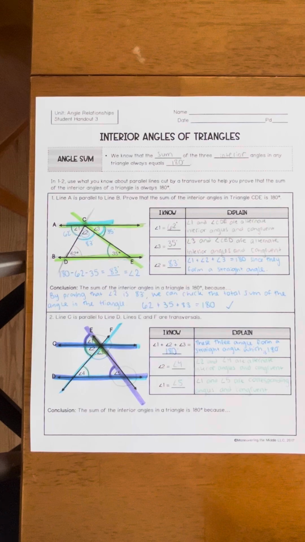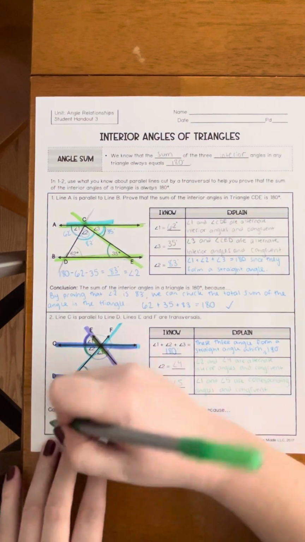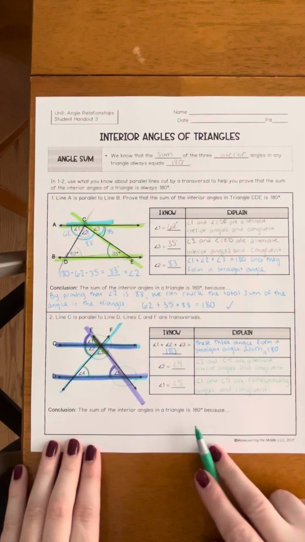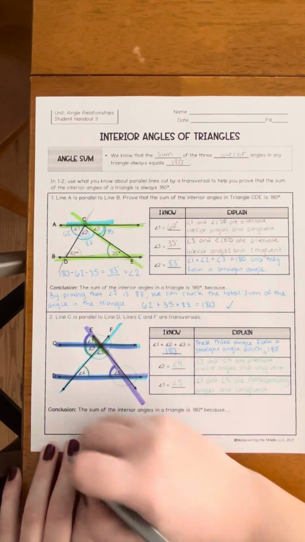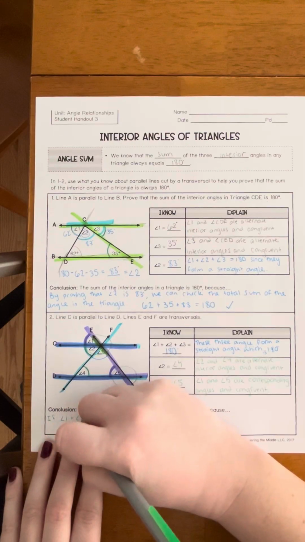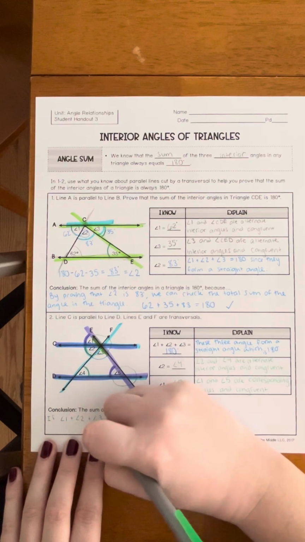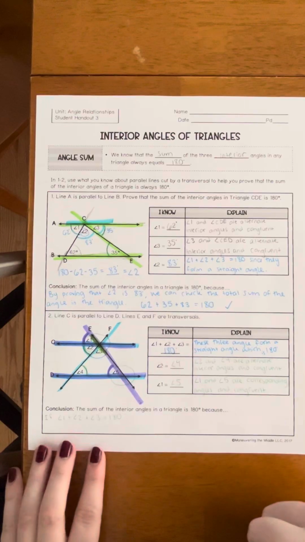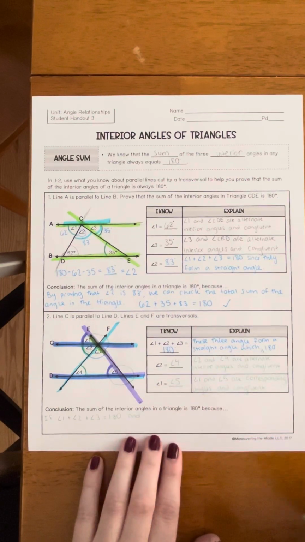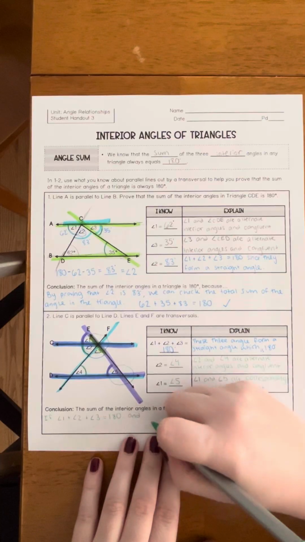So we got a conclusion which says the sum of the interior angles in a triangle is 180 degrees, because if angle 1 plus angle 2 plus angle 3 is 180, we can fairly substitute and make some replacements.